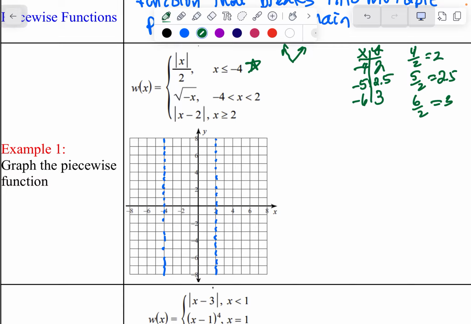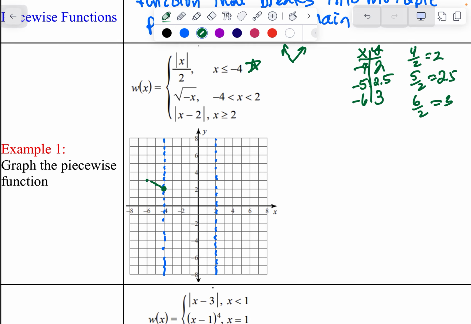Now, it's very important that you note that we are allowed to equal that value for that portion of the graph. So over here at -4, we are at a height of 2, and we are allowed to be there, so I make a dot. And then at -5, we're at 2.5, and at -6, we're at 3.